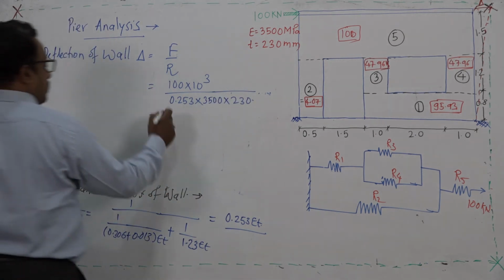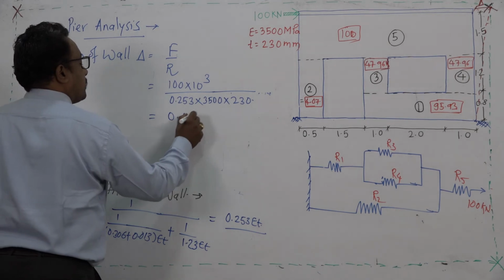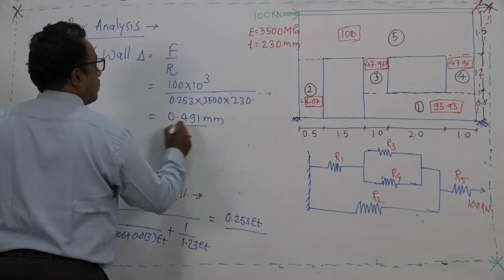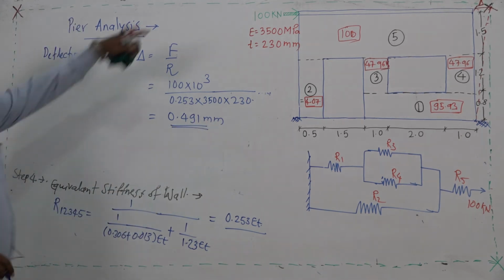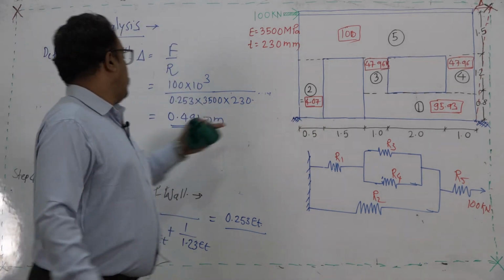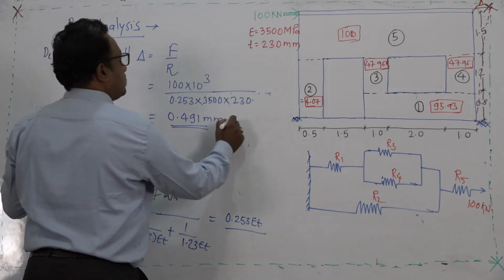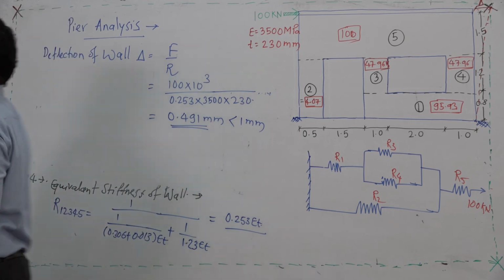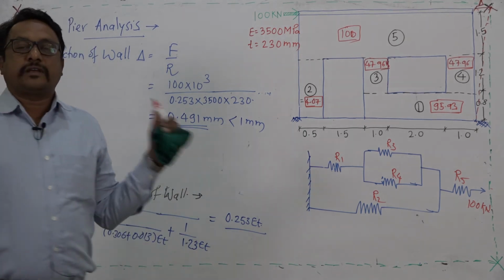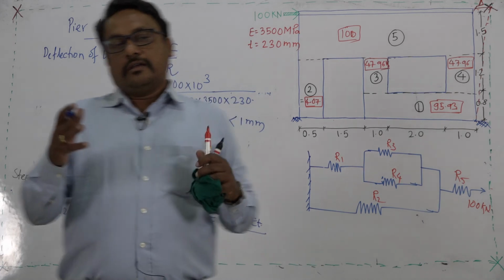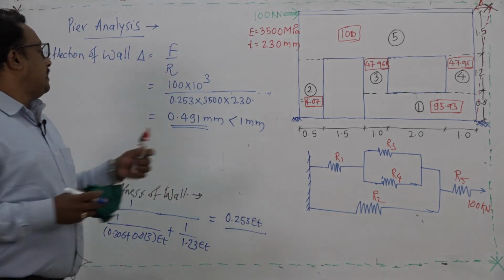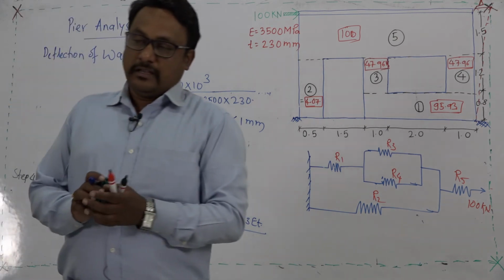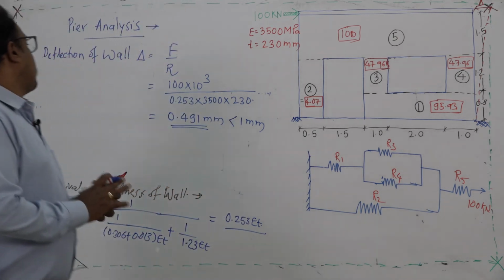So, if we work out this, then it will become 0.491 millimeter, and if it is a case of masonry structure, then obviously this value is less than 1 mm. Therefore, the structure is not having any kind of crack. So, in case of masonry wall, if you refer the literature, 1 mm is the maximum permissible deflection or displacement. So, after 1 mm the masonry is going to crack.